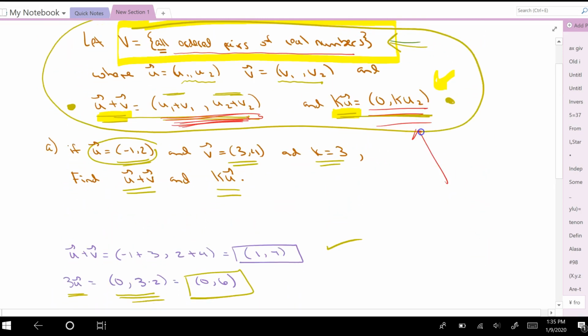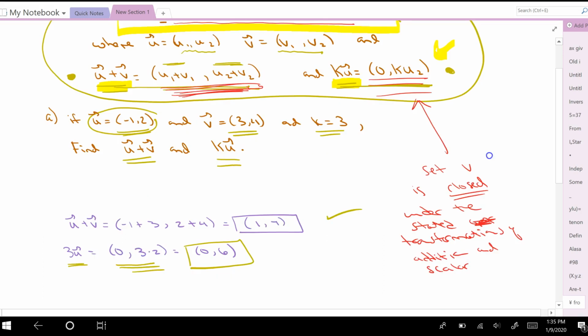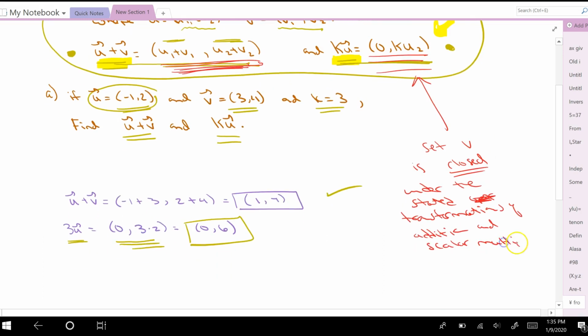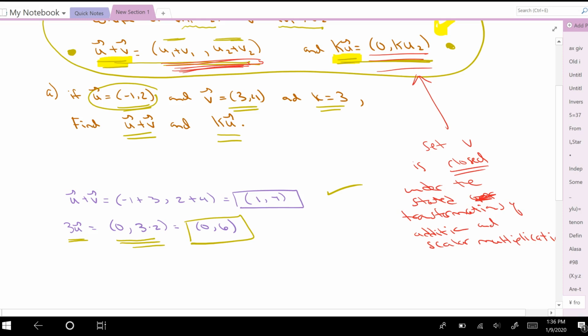In this case, the set V is closed under the stated operations, or let's use this, the stated transformations of addition and scalar multiplication, because any output from those two stated transformations will yield an ordered pair where each of those coordinates is a real number, okay?